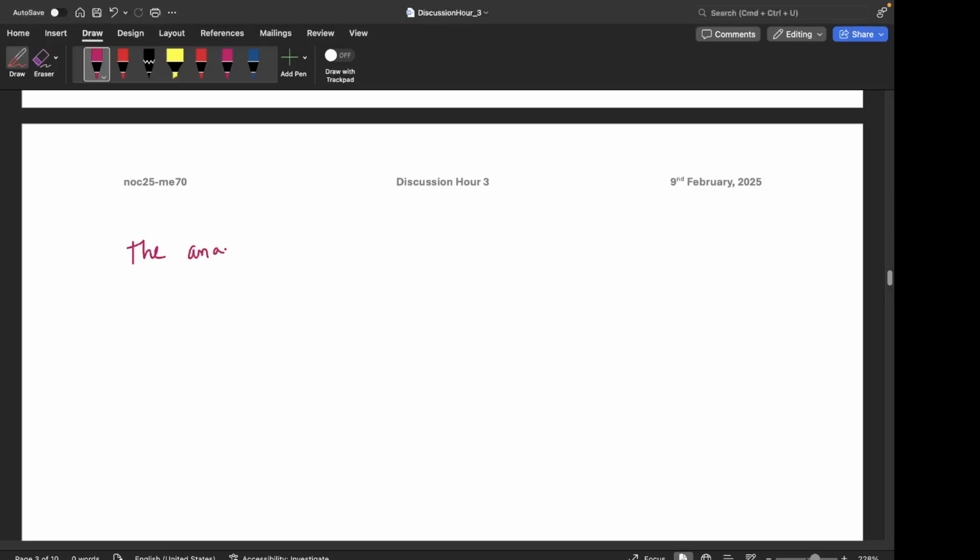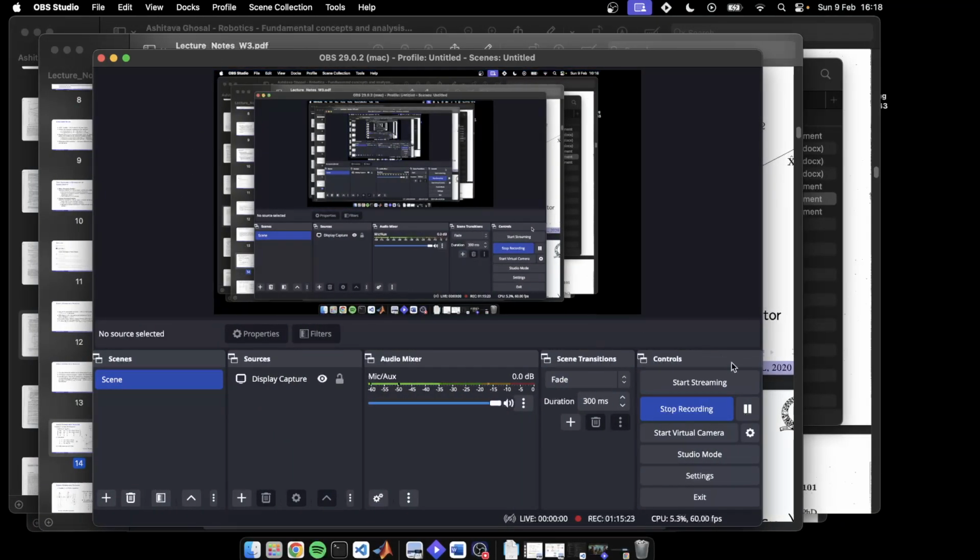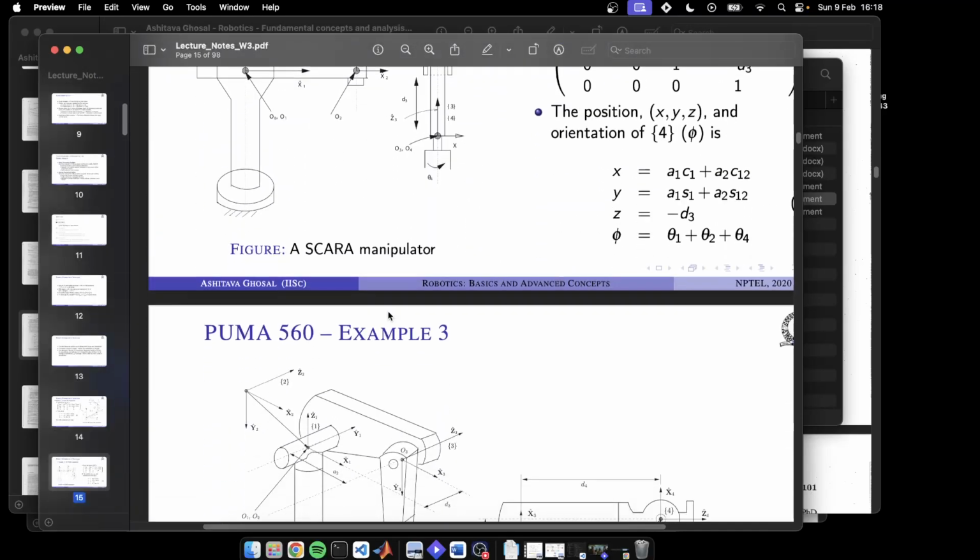The analysis of a 3R planar arm's workspace is more interesting, and there are more layers to it. So basically I'll use the lecture slides for this.